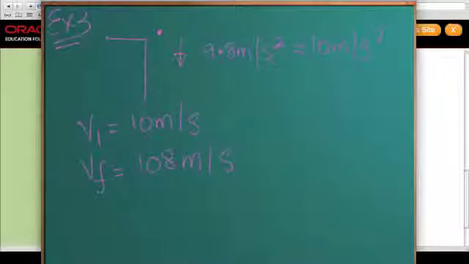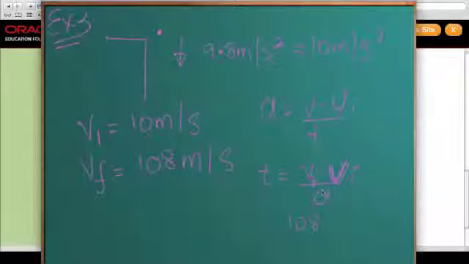So now let's get back to our formula. Acceleration is equal to v minus u divided by t. Acceleration is 10 meters per second square, we need the time, so we'll just change the subject. T is equal to v minus u divided by a. V is 108, this is the final velocity, and sorry if you're confused here, this is the initial velocity. This is always final velocity minus initial velocity.